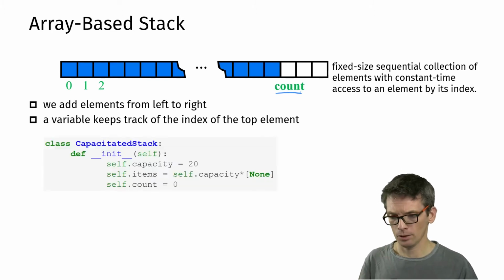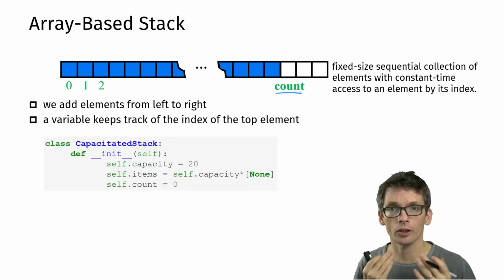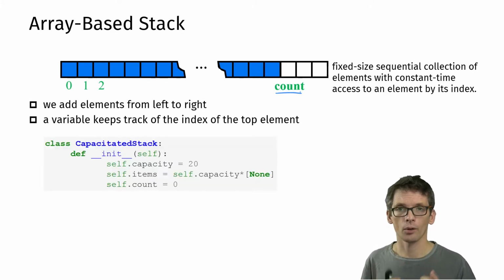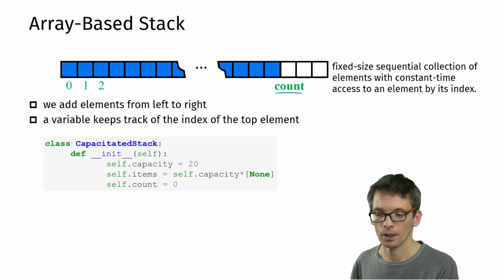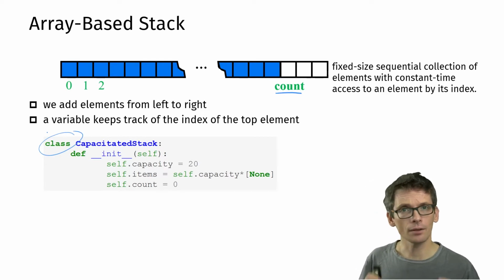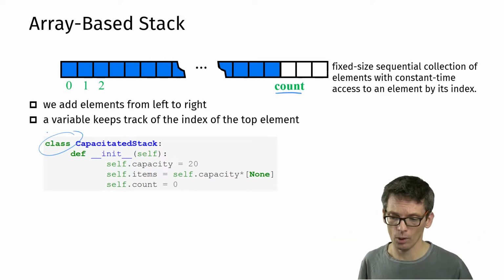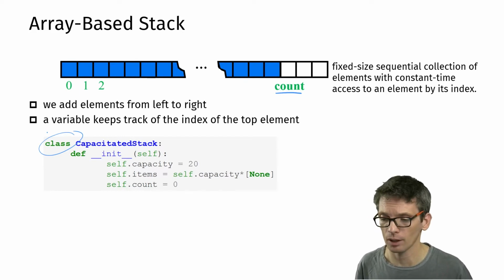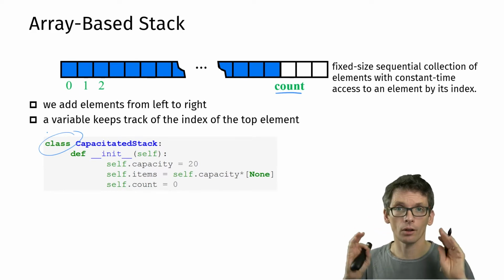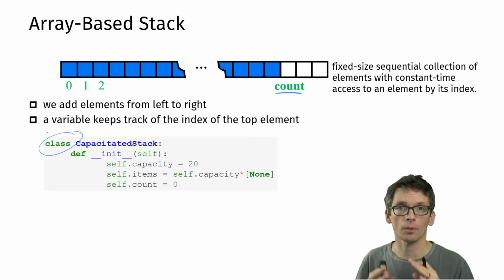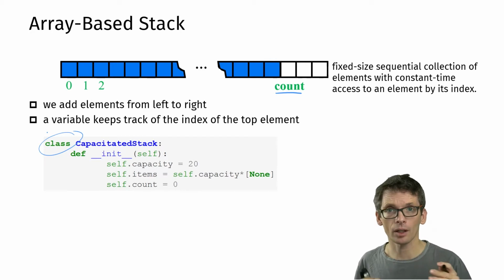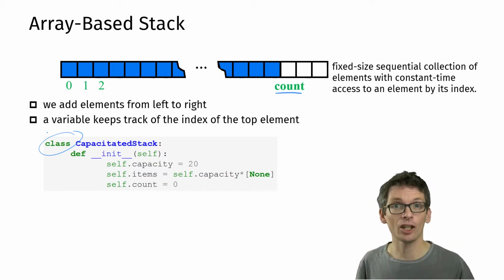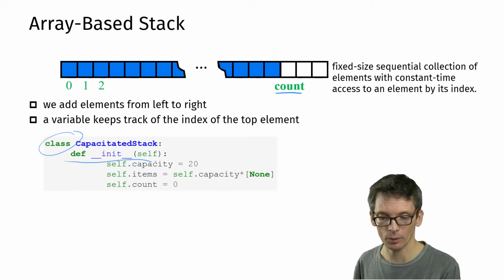And this is how such a stack could look in Python. I'm doing this as a class. If you haven't seen classes, don't worry about it. We're not using them heavily here in any way. Just think of a stack as some kind of object with methods. One method is the method for initializing a stack, and that's the one we're defining here.